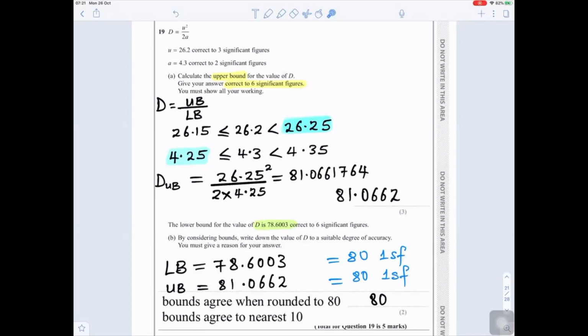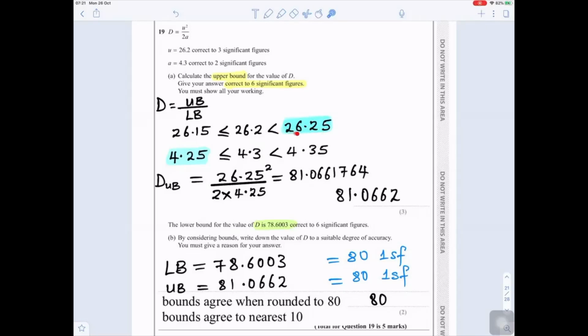So to get the upper bound for D, you want to use the upper bound for U divided by the lower bound for A. The biggest value for U divided by the smallest value for A. So let's look at 26.2.